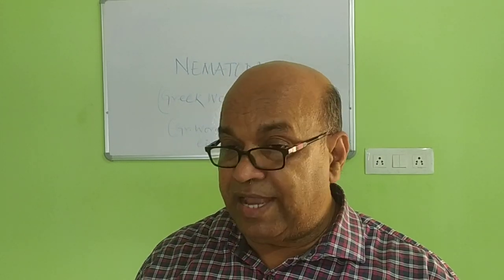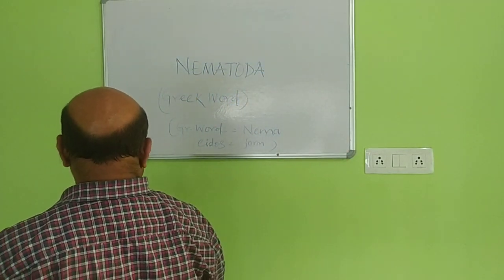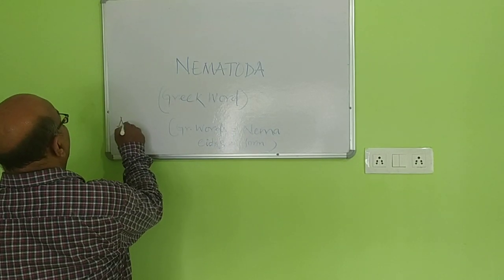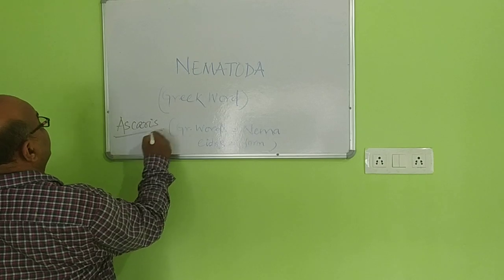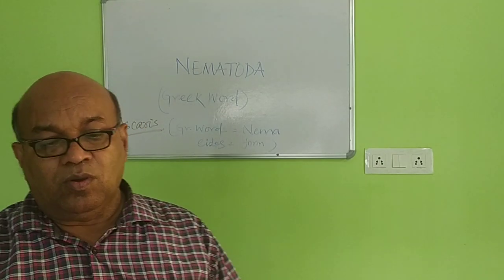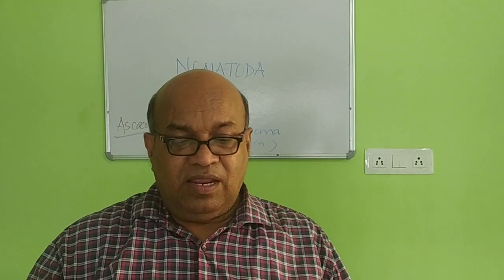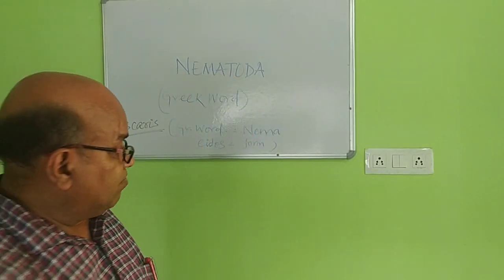The examples of Nematoda are Ascaris. Ascaris lumbricoides is the best, classical example of the Nematoda. Then Necator is another example.